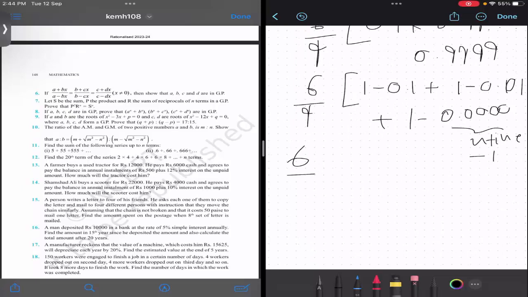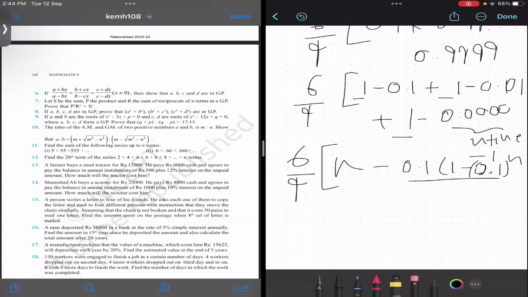So again, you would have 6 upon 9. You would add 1 up n times, so you would have n here, minus the first term, which is going to be 0.1. Common ratio is also going to be 0.1. So you would have 1 minus 0.1 raised to power n, and in the denominator, you would have 0.9.